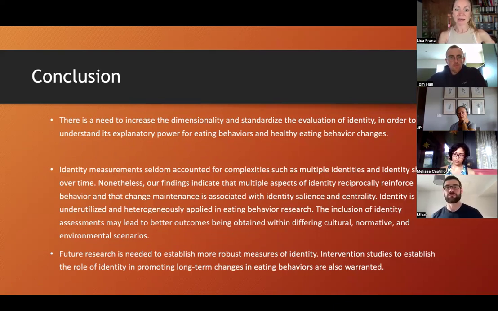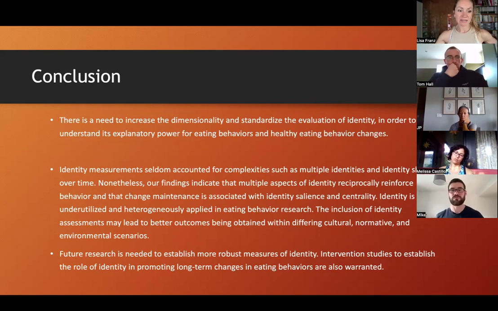Identity measurements seldom accounted for complexities such as multiple identities and identity shifting over time. Nonetheless, our findings indicate that multiple aspects of identity reciprocally reinforce behavior and that change maintenance is associated with identity salience and centrality. Identity is underutilized and heterogeneously applied in eating behavior research.